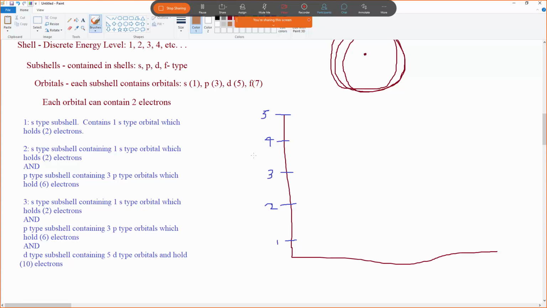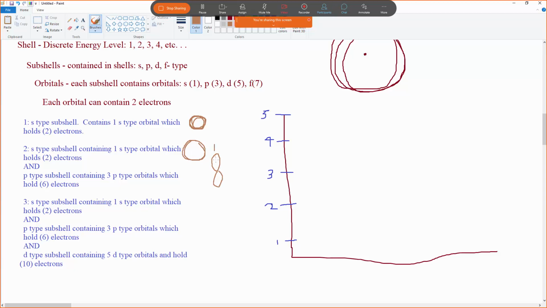So just to show you, the S-type subshell is spherical. It looks like a circle. So here's your 1s, and then your 2s is going to be spherical again because it's an S-type, but it's going to be bigger because it's a level 2 instead of a level 1. The P's look like little figure 8s almost, and there's 3 of them.